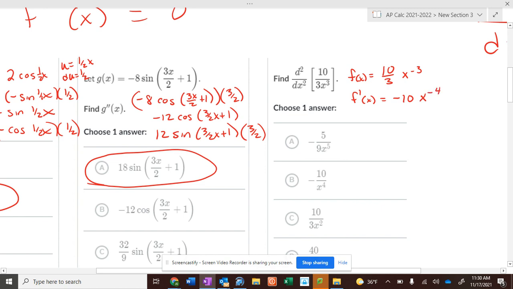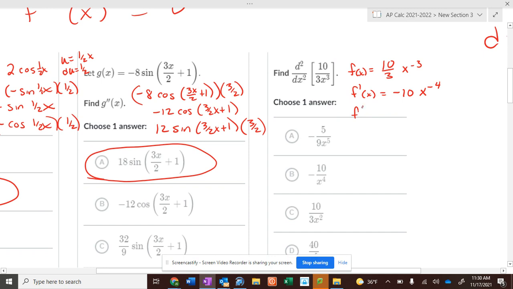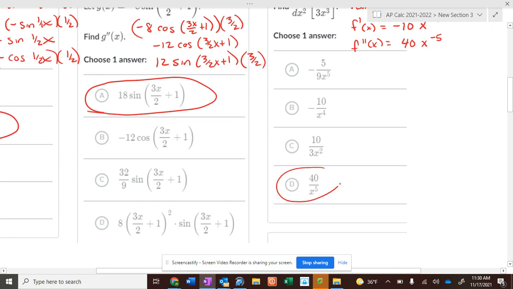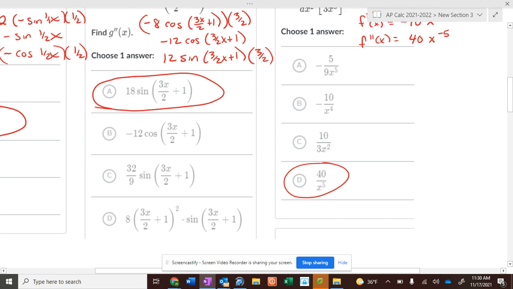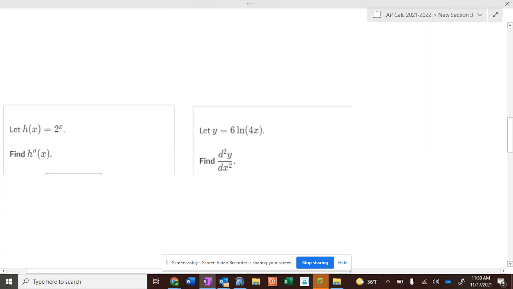Don't put it down underneath because you need it up there to take the next derivative anyway. So leave it there. Now take the second derivative, which would be positive 40 x to the negative fifth, which is that one right there. Okay? All right.